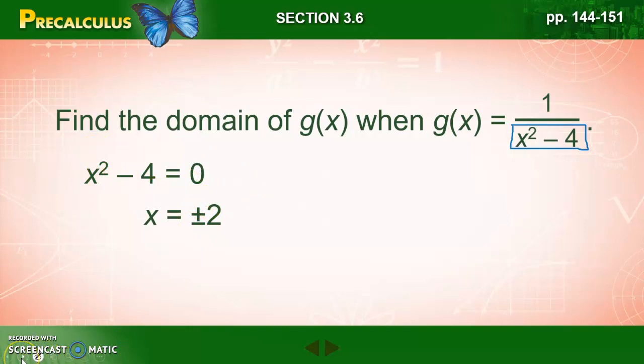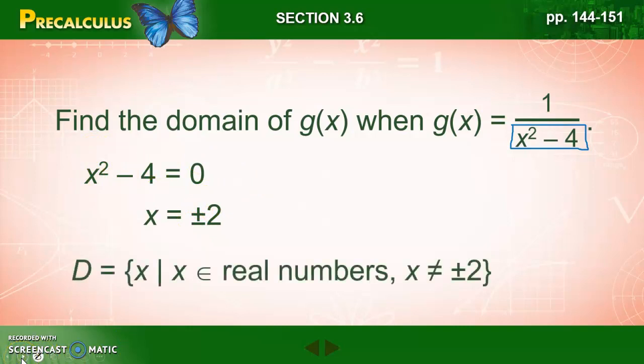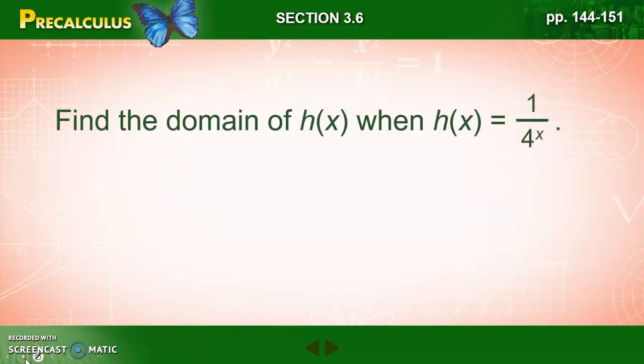So those are the values that would give us an undefined function. Therefore, the domain for x is all real numbers, but x is not equal to plus or minus 2. So again, when graphing this function, we're going to have a vertical asymptote at x equals 2, and then a vertical asymptote at x equals negative 2. And our function will not be able to cross those asymptotes.